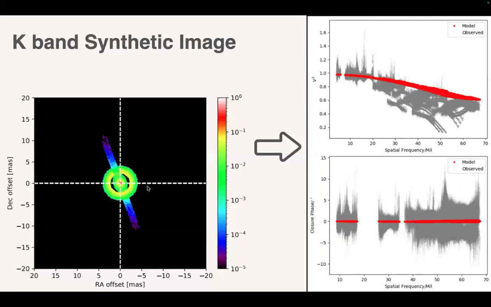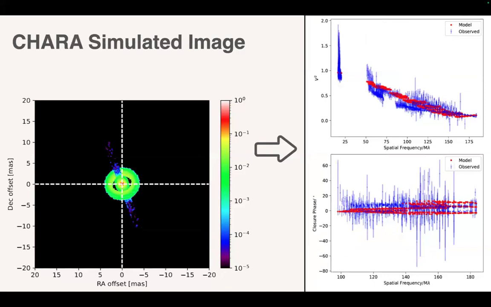We found that we struggled a lot trying to get a good fit for the K-band data. The K band is, remember, 2 to 3 microns. But interestingly, we were able to get a somewhat decent fit to the observations in the H band, which is the wavelength at which CHARA observes.